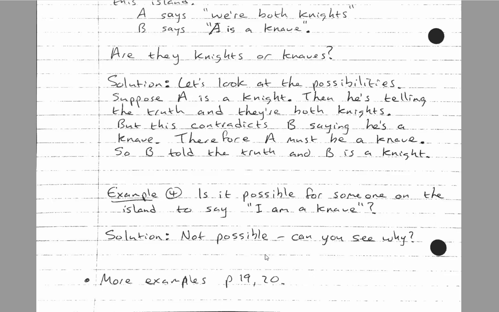Suppose the person is a knight. Well, that doesn't work. If they're a knight, everything they say has to be true, so they can't say they're a knave. And if they're a knave, everything they say has to be false, so they can't say they're a knave. So nobody on the island can say this statement.